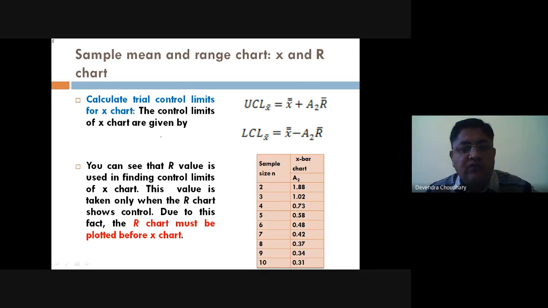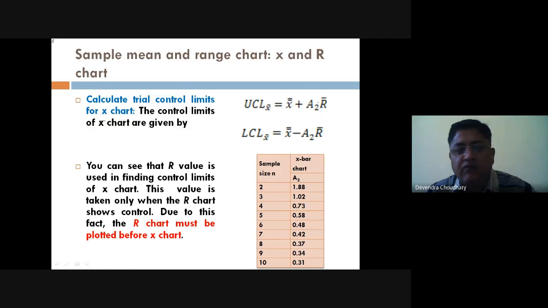Once the R control chart is in control, then we find the trial control limits for X bar chart. Now, control limits of X bar chart are calculated by using these: lower control limit is X double bar minus A2 R bar and upper control limit of X bar chart is X double bar plus A2 R bar.